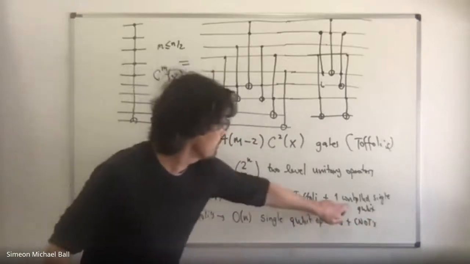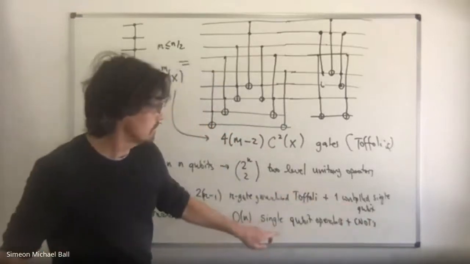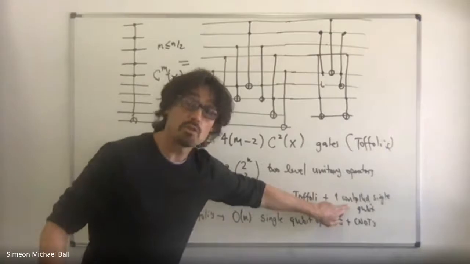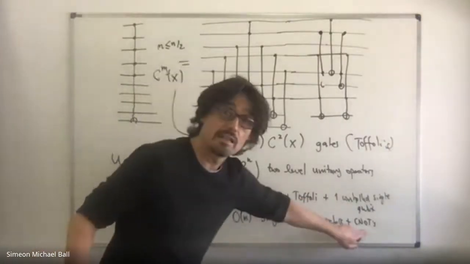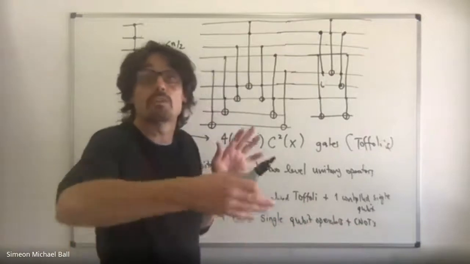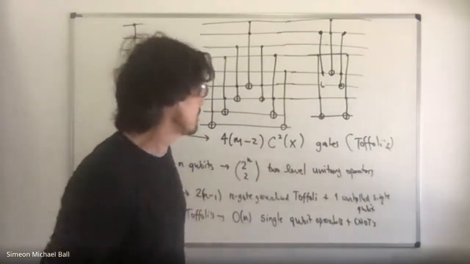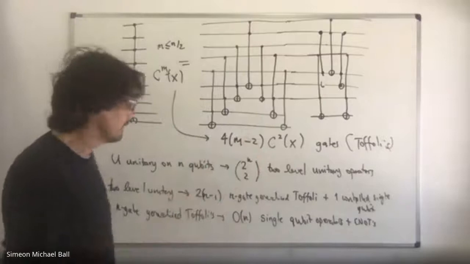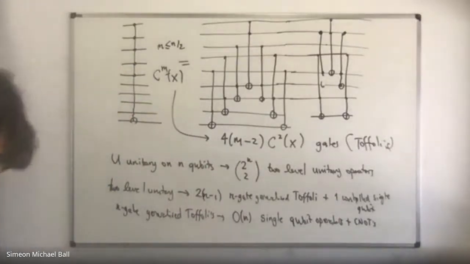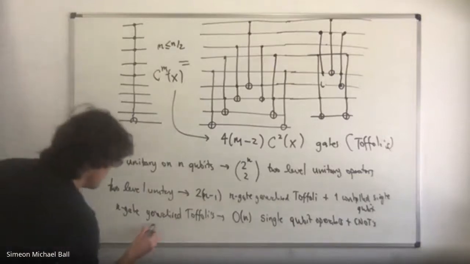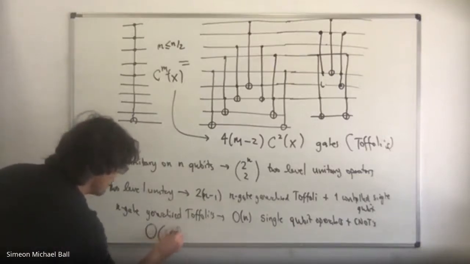The controlled single qubit operator here also breaks down into single qubit operators and a C naught, as we saw in the last class. That was what we did when we did the U, yeah? The expression for the U with the A being the C. So putting it all together, I believe that this should be big O of n squared 4 to the n.